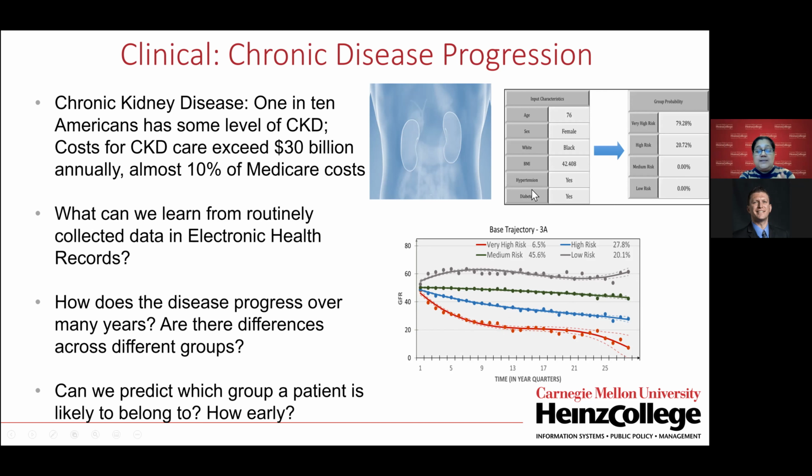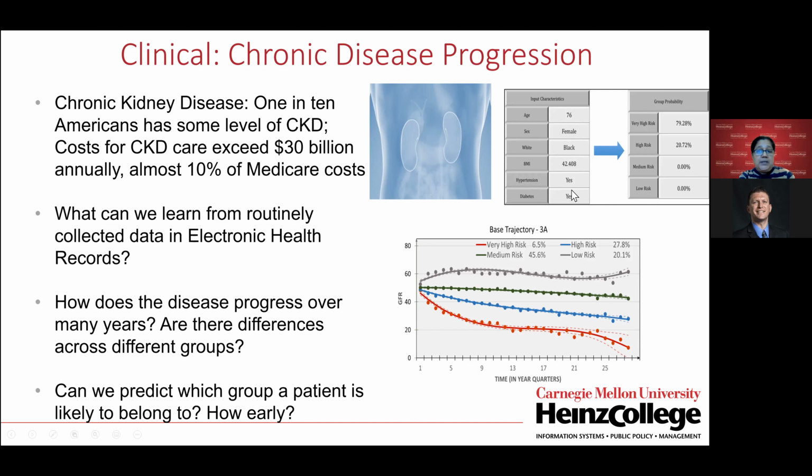This is actually a useful indicator to the clinician, especially as the information gets tracked in the EHR: first visit, second visit, 10th visit. Does it really take 10 visits over these many years to identify whether the patient is going to be high risk or low risk? It turns out that in about a year and a half, 18 months or so of tracking the kidney function of patients, and using indicators, demographic and clinical.